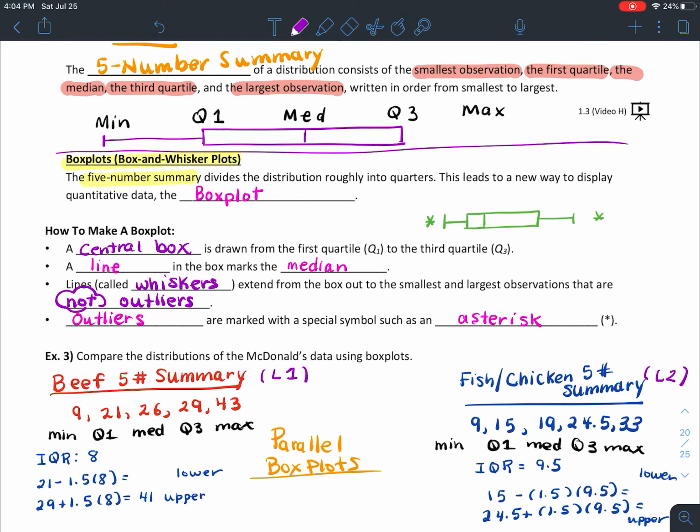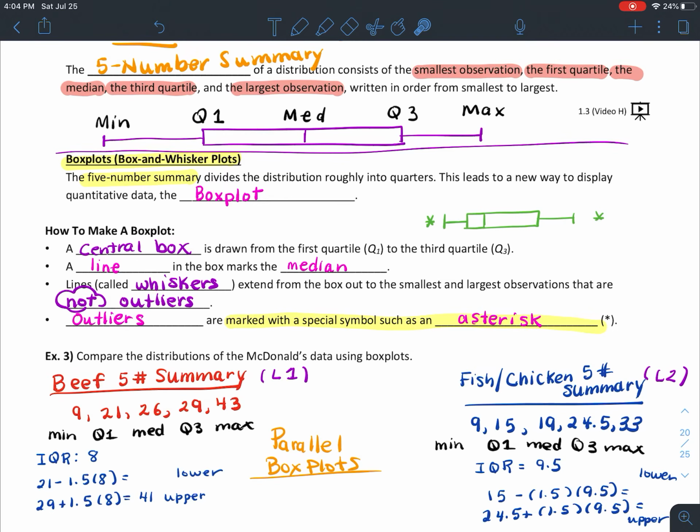It stretches to whatever the largest and smallest numbers are that are not outliers. Okay, if there are outliers in the data set, those are marked with a special symbol like an asterisk. And so you can see in this example right here, these edges at the end of the whiskers are not necessarily the max and min. These asterisks are the max and the min, but they're identified as outliers.